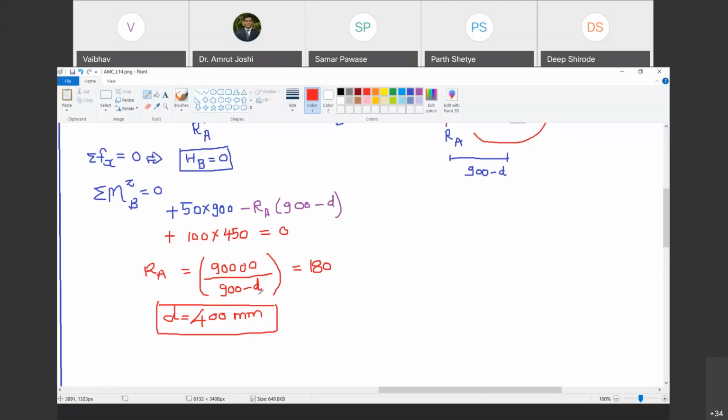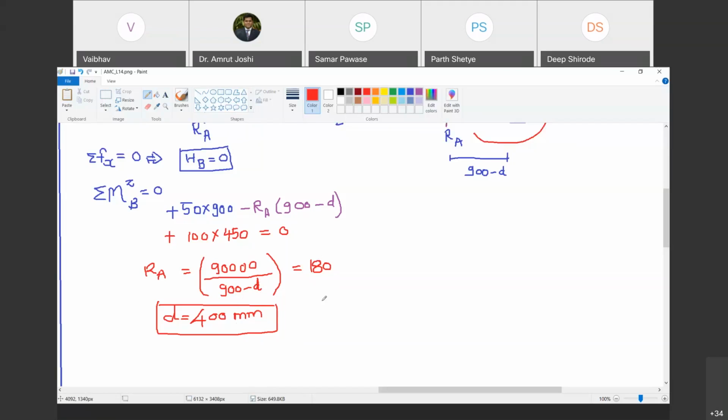D बढ़ गया तो क्या होगा बताओ मुझे. If D increases, the denominator decreases. Denominator decreases means this value will be beyond 180.